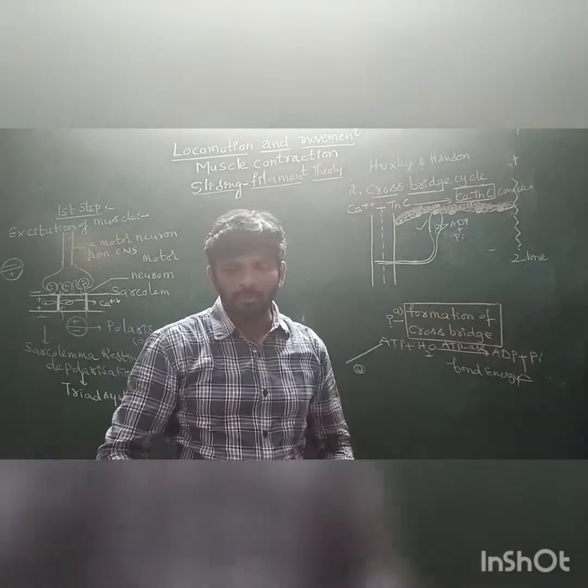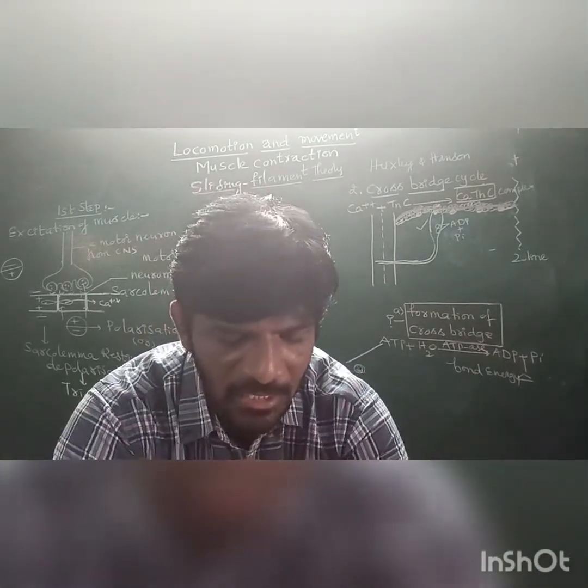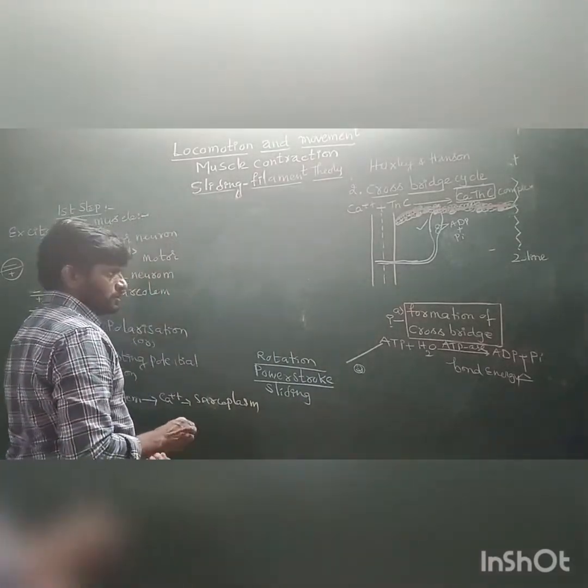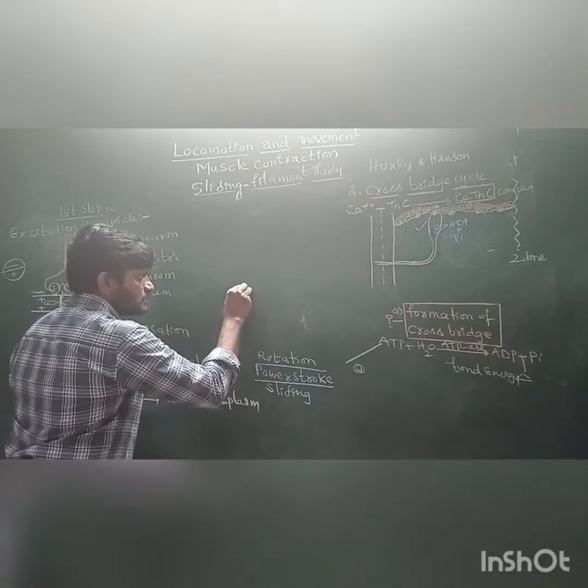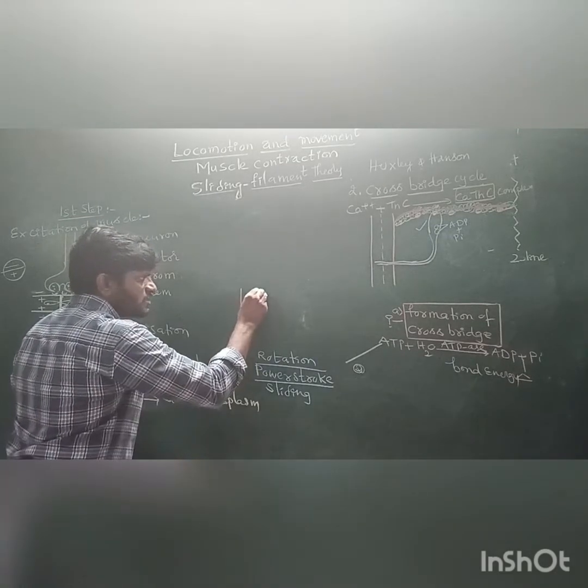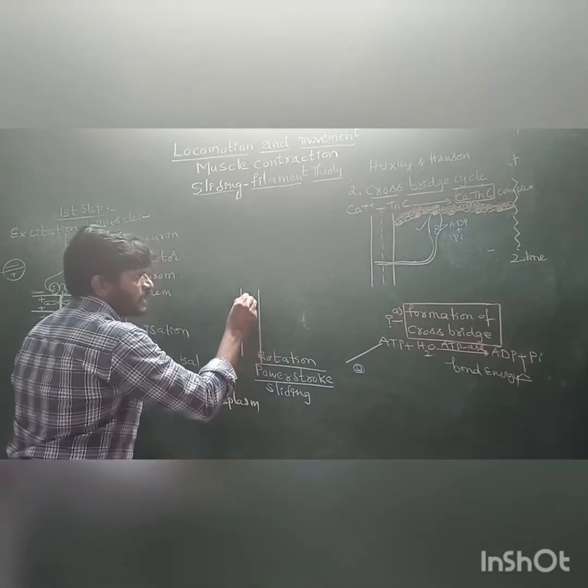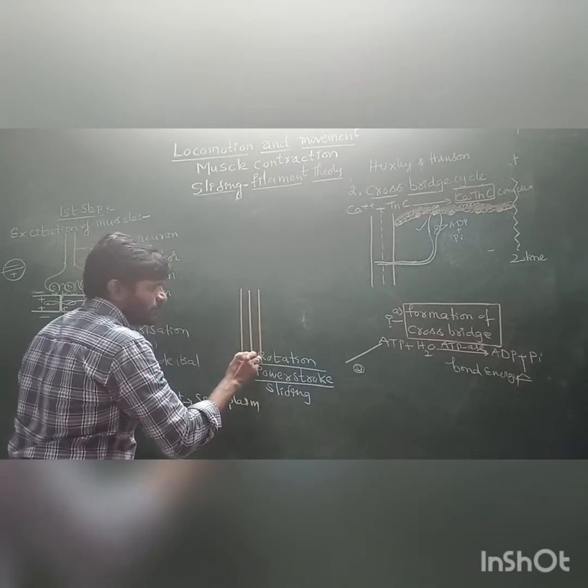When the head rotates, the active sites on the F actin, which are binding to the head of the meromyosin, and those thin filaments are sliding. Thin filaments are sliding over the thick filament.